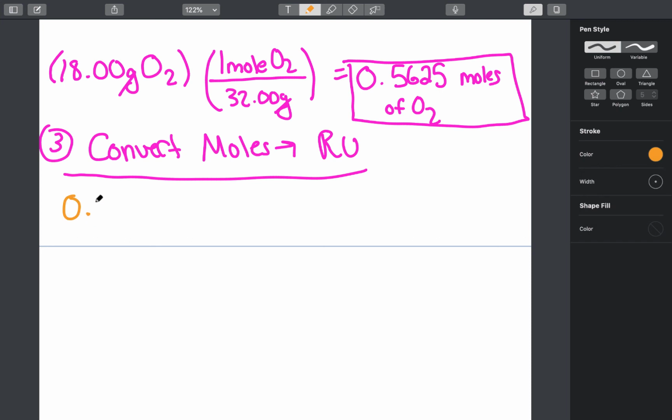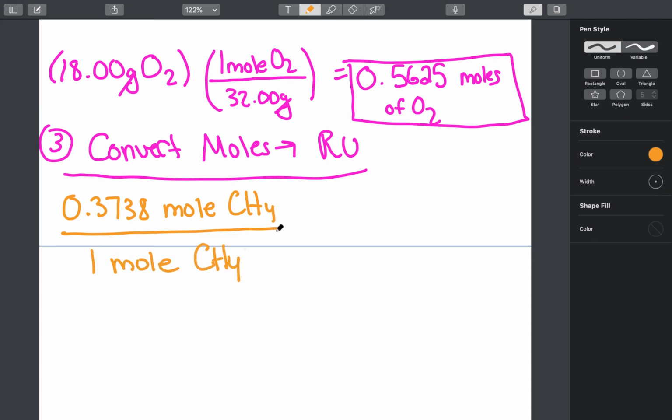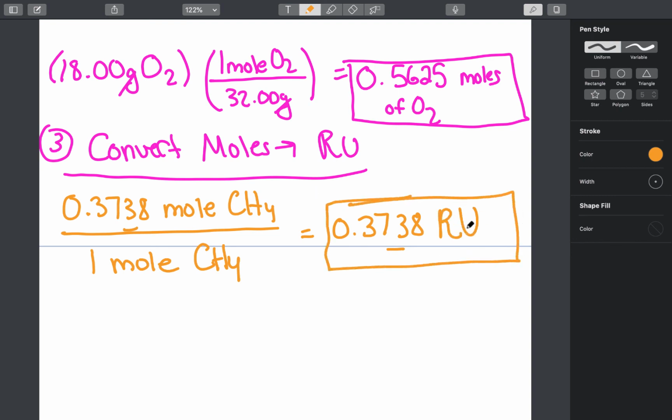We had 0.3738 moles of methane, and in the chemical equation, if you look back at it, you'll see that it requires 1 mole of methane. So this gives us the reaction units, which is pretty easy, you don't even need a calculator, of 0.3738. I'm just going to put the little underline there for sig figs. Reaction units. So that is for methane.